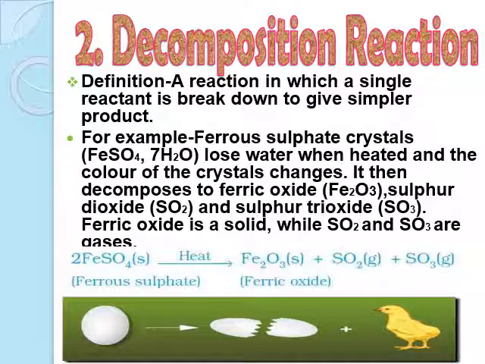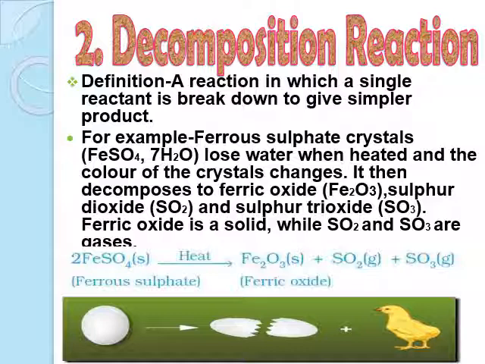Now, the second type of reaction is the decomposition reaction. As the name suggests, it is a reaction in which a single reactant is broken down to give simpler products. An example: when ferrous sulfate crystal, FeSO4 7H2O, with water of crystallization, is heated, it loses the water molecules and the color changes, forming ferric oxide, sulfur dioxide and sulfur trioxide.